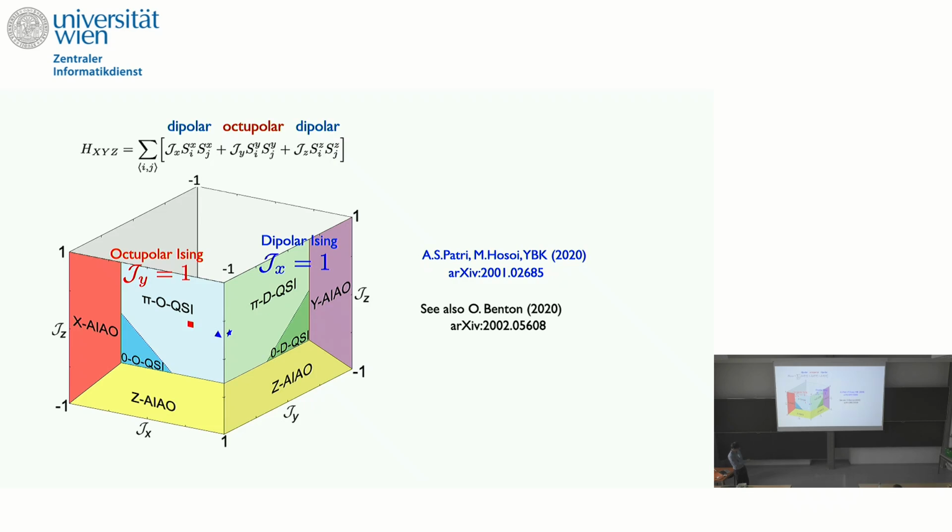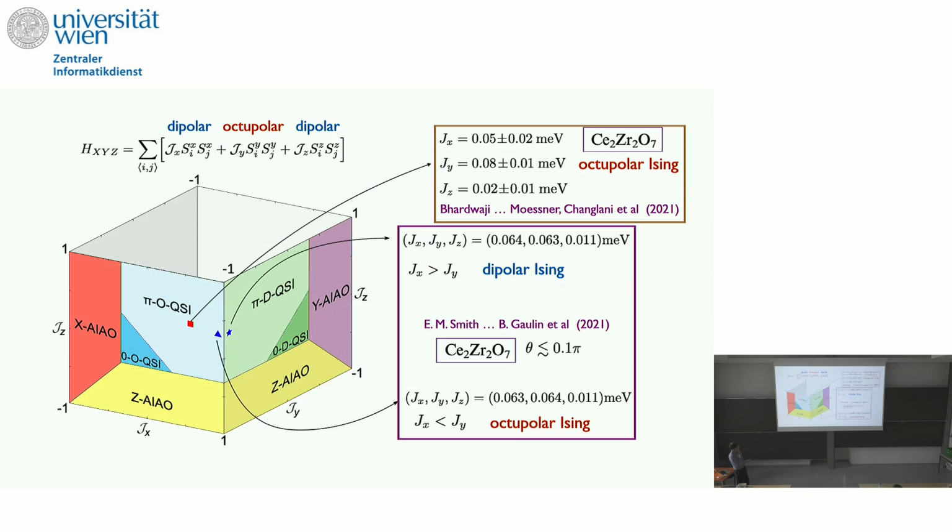And there have been very elaborate experiments, basically using thermodynamic data such as heat capacity and spin susceptibility. Especially Bruce Gaulin's group did an amazing job trying to find reasonable exchange parameters that determine this Hamiltonian.